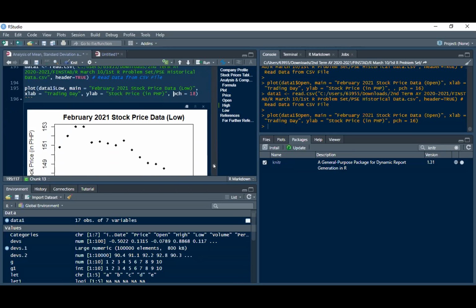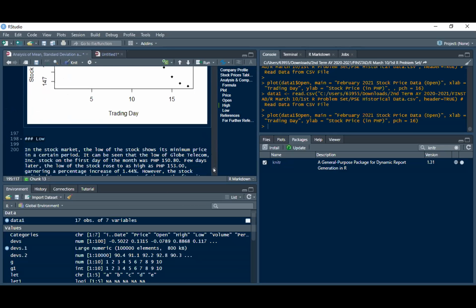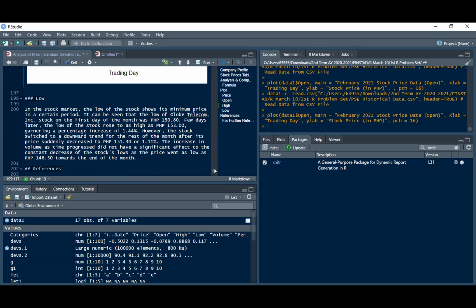And then as you can see, we just changed the PCH around each plot. And then we put a short explanation after about the lows in the stock, which showed the minimum price per period or per day. And you could also see sa plot naman, it's a downward trend for the rest of the month, similar to other plots. And then after that, we put yung references lang sa baba.